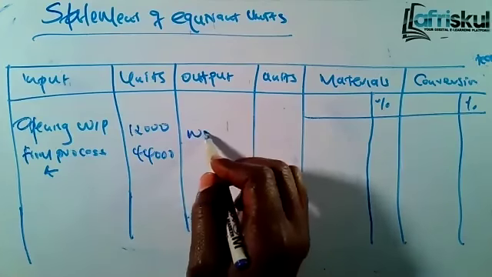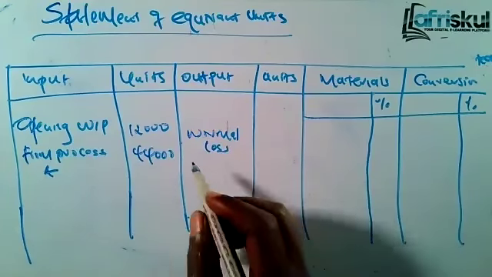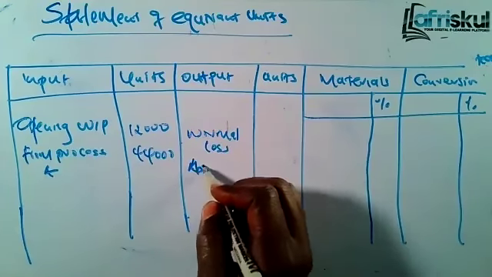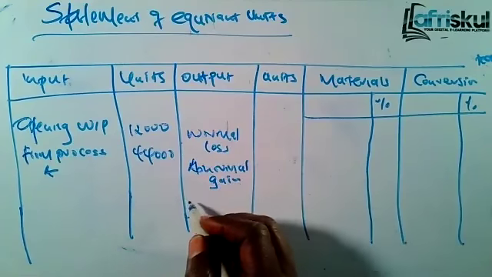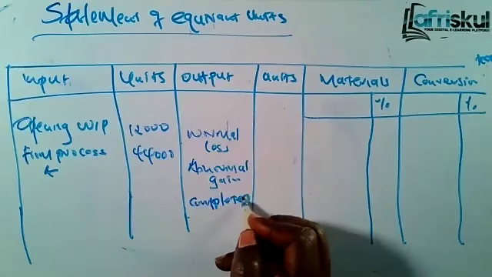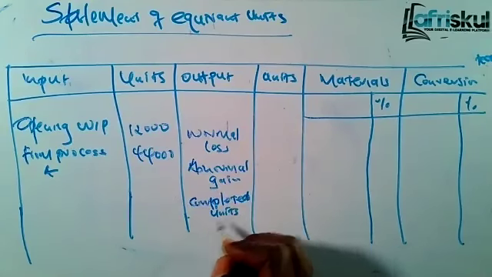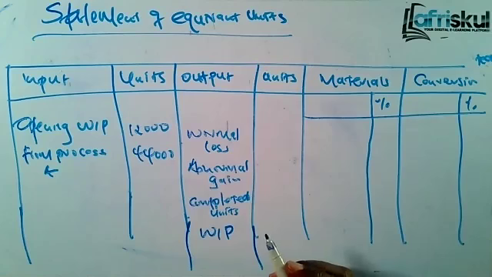So here we have normal loss, abnormal gain, completed units, and then WIP units.